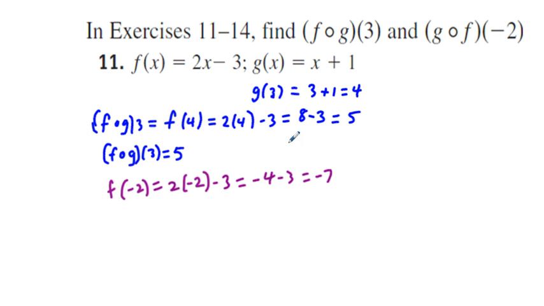And then let me write this, g of f of negative 2 is equal to g of negative 7. How do we know that? Because we plugged in negative 2 into f already. So we plug in negative 7 plus 1, which equals negative 6.